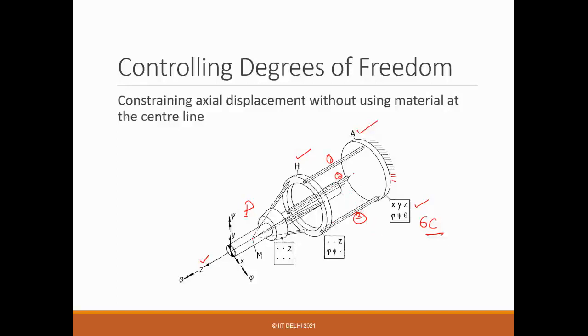So from base A to H, if you see, 3 degrees of freedom released, or I would say 3 constraints released. So you are left with now 3 constraints. And what are they? If you talk about H with respect to A, the Z translation is still there, right?